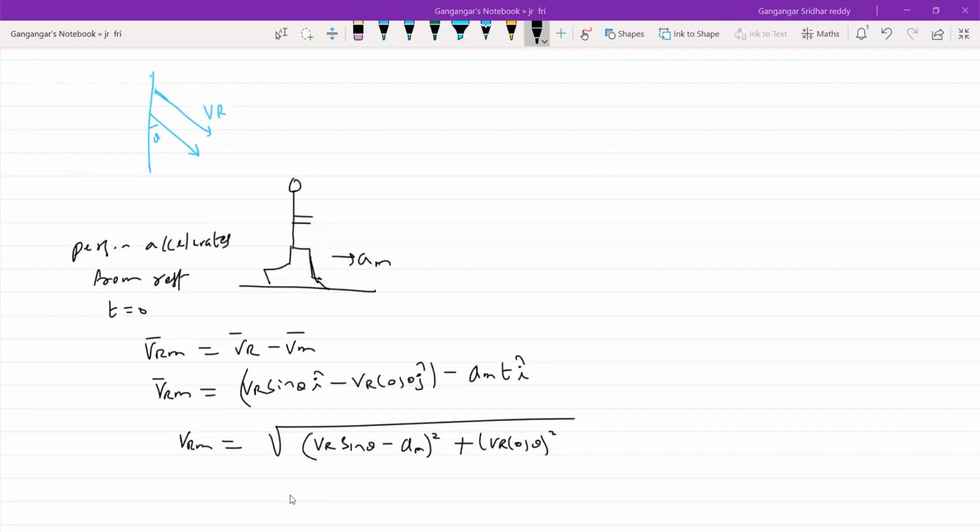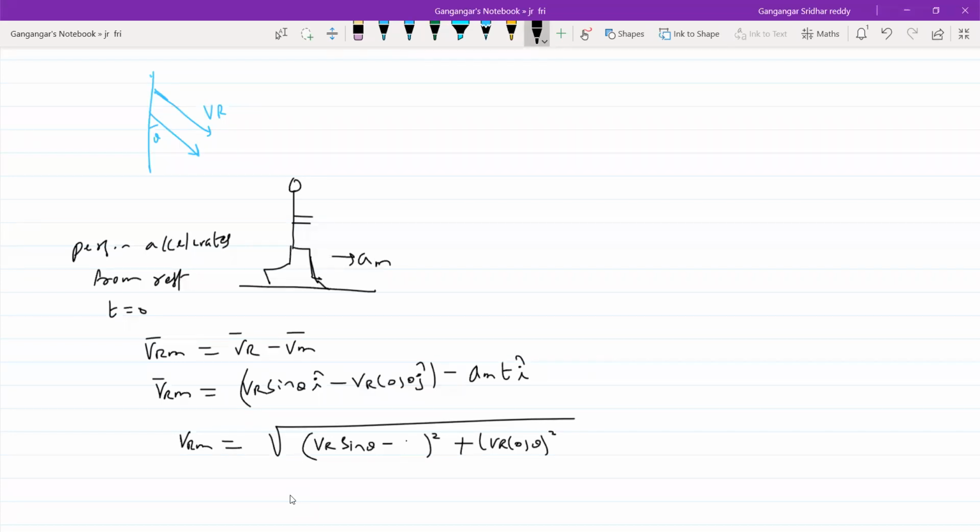This will be Vrm is equal to Vr sine theta minus Am. So I just group the i components. This is the velocity of man with respect to the velocity of rain, the difference.